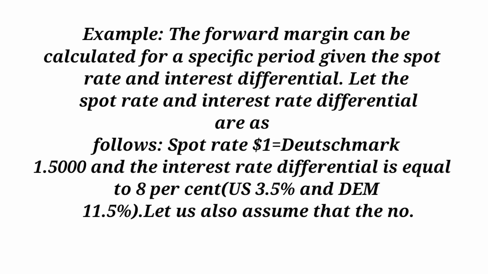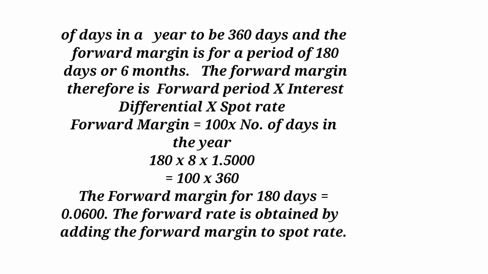Example: the forward margin can be calculated for a specific period given the spot rate and interest differential. Let the spot rate and interest rate differential be as follows. Spot rate S1 equals Deutschmark 1.5000, and the interest rate differential is 8%: US 3.5% and DEM 11.5%. Let us also assume the number of days in a year to be 360 days, and the forward margin is for a period of 180 days or 6 months.